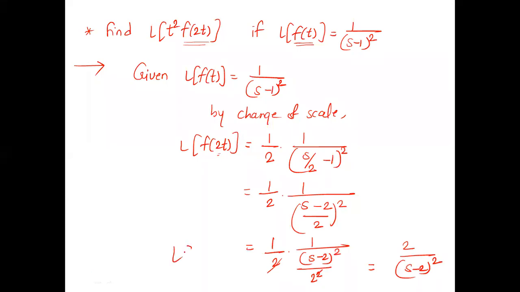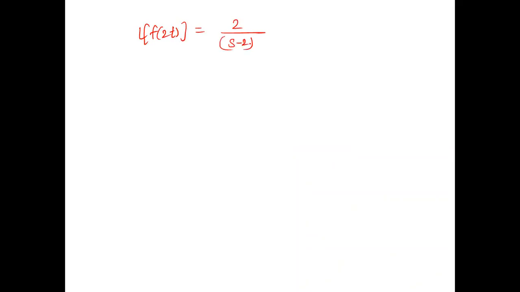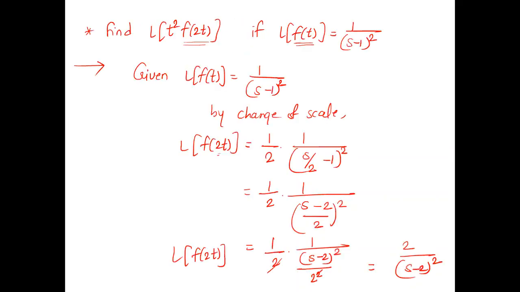That is your Laplace of f of 2t. So this is what we got, Laplace of f of 2t by change of scale. Now what we want is, on this we should multiply by t square.